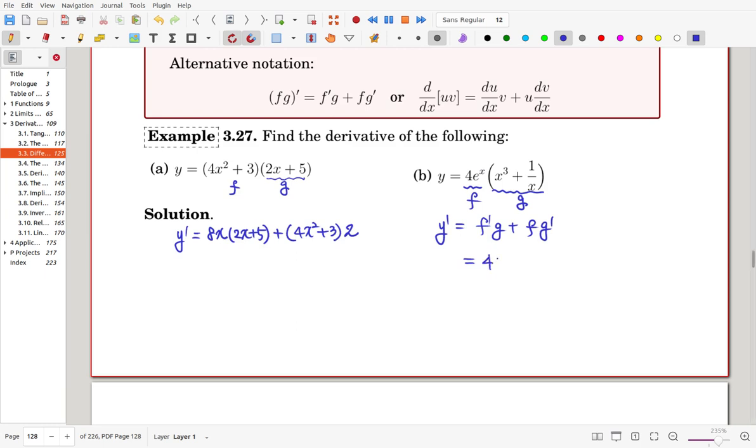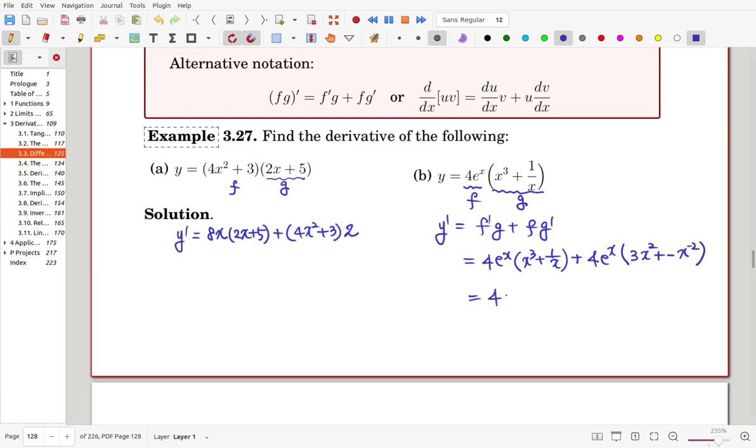So it's 4e to the x times g, x cubed plus 1 over x, plus f, that is 4e to the x, and now we have to put here g prime, that is 3x squared, and 1 over x is the same as x to the minus 1, so its derivative is minus x to the minus 2.